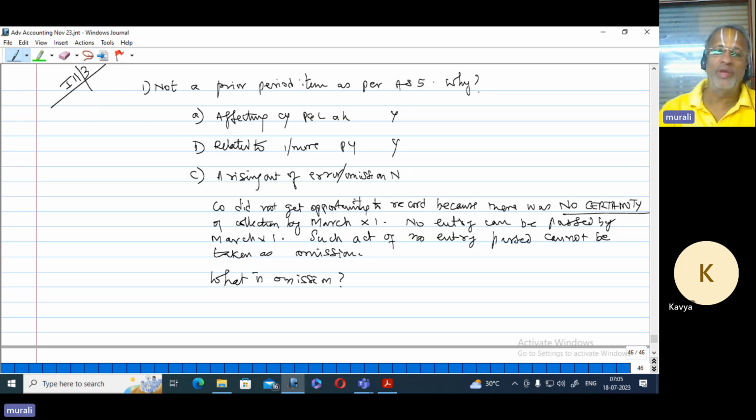On the roadside you find beggars; are they fasting or starving? Starving. There are days on which elders go for fasting. They have everything, but have chosen not to take it. In the same way here, I have no opportunity to pass a journal entry. Therefore, not passing a journal entry is correct. That cannot be considered as omission.